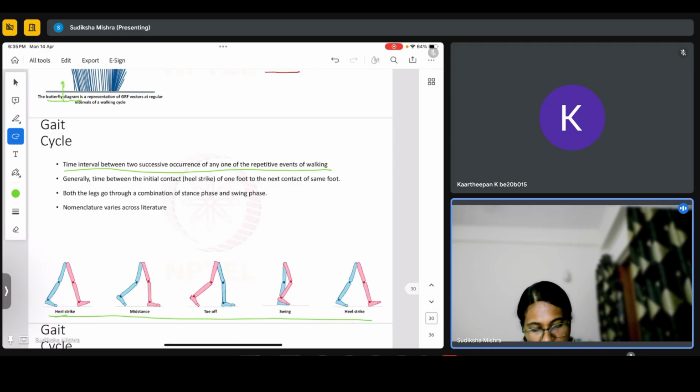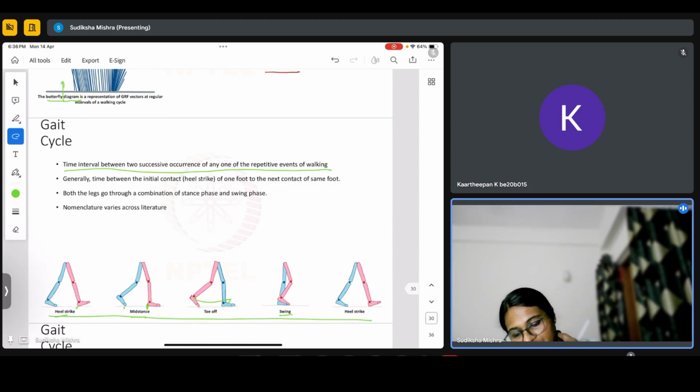There is the heel strike, when the front foot just touches the ground; mid stance, where the back foot is about to lift off and the front foot is flat; toe off, where the back foot has lifted off; and then the swing, in which this foot comes to the front. Then comes the next heel strike when the next foot will come to the front.